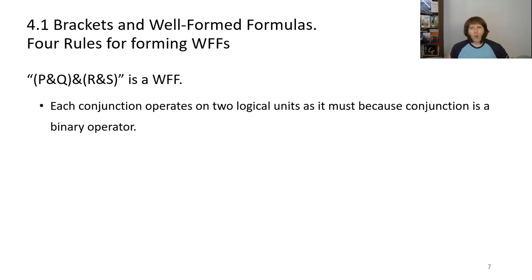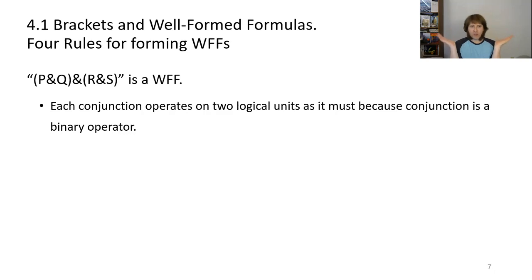So what's really going on here is that the conjunction in the middle is operating on the logical units beside it, and the brackets show us what the logical units are. So conjunction always has to have two logical units it connects, right? That's just how it works by its nature. It sits in the middle, and then there has to be something on either side.